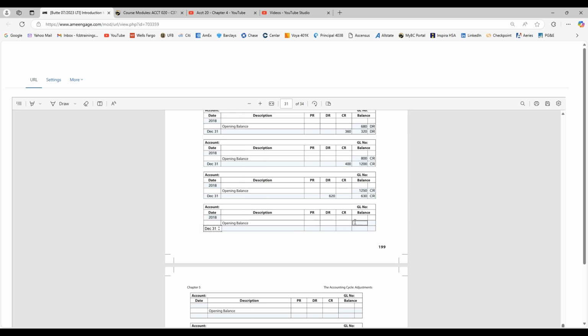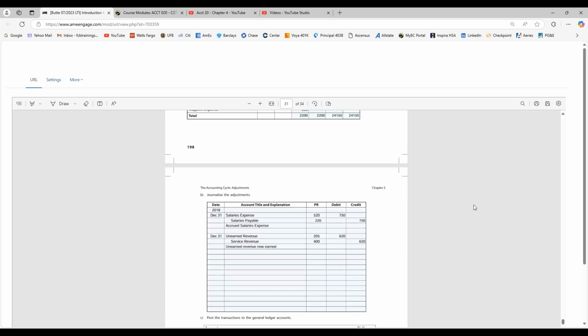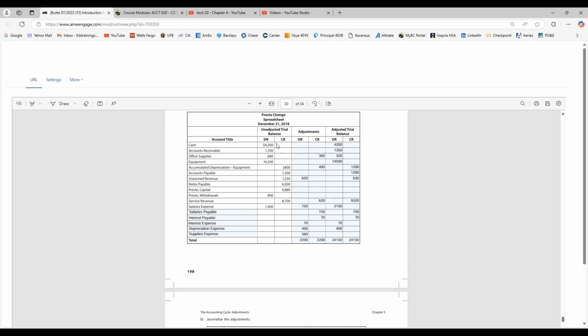Okay, so if this was service revenue here, revenues and expenses are temporary accounts that technically don't have an opening balance as of the beginning of the month. But again, what we're talking about here when it says opening balance is really not the opening balance. It's the unadjusted balance that's ready to be adjusted when we post our entries for adjustments.